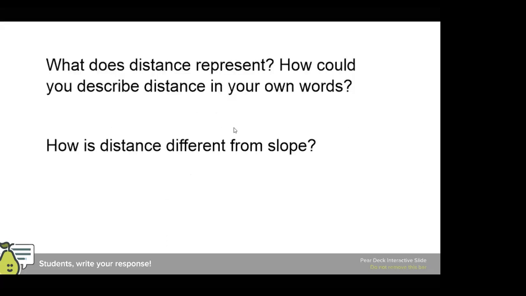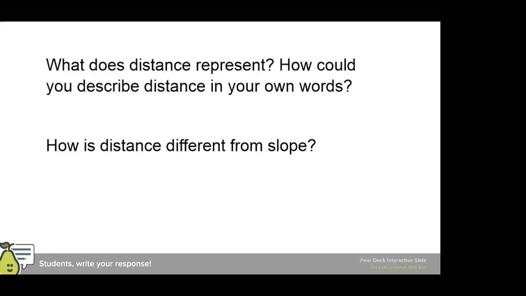So what does distance represent? How could you describe distance in your own words? Good, perfect. How far you are from one place to another, okay?